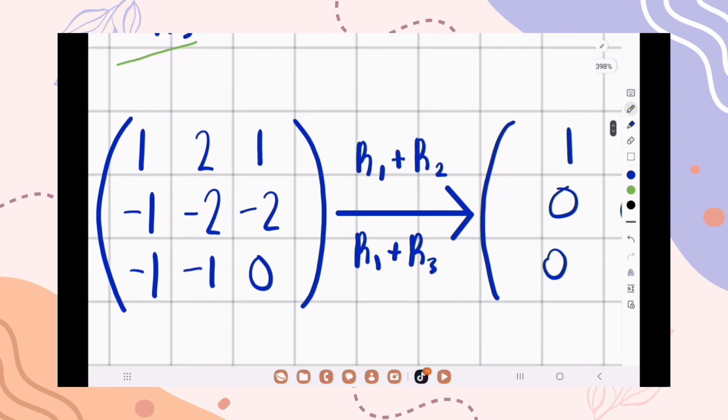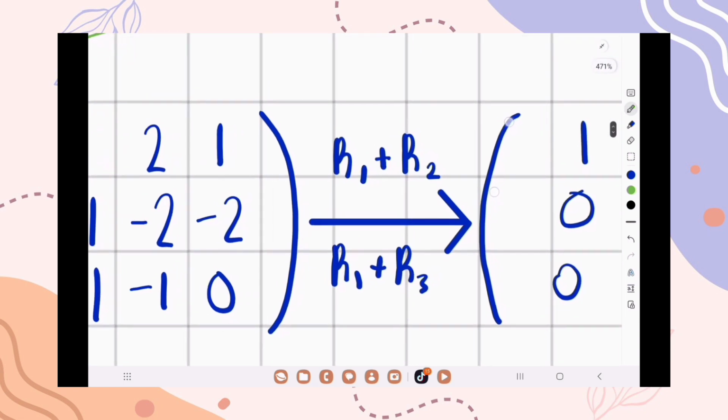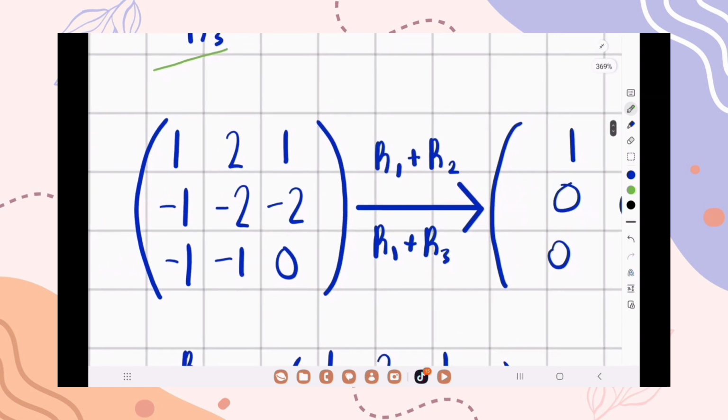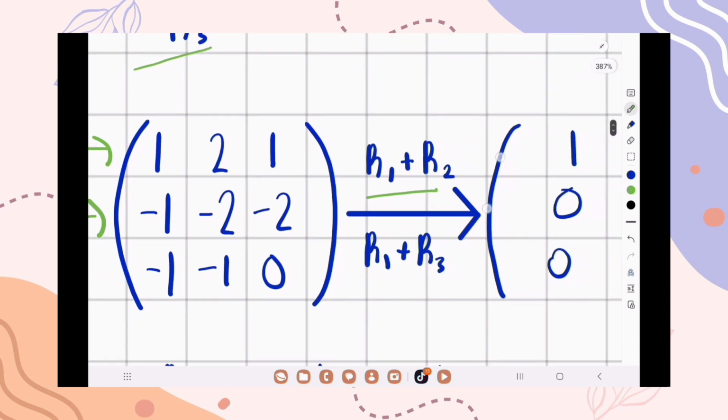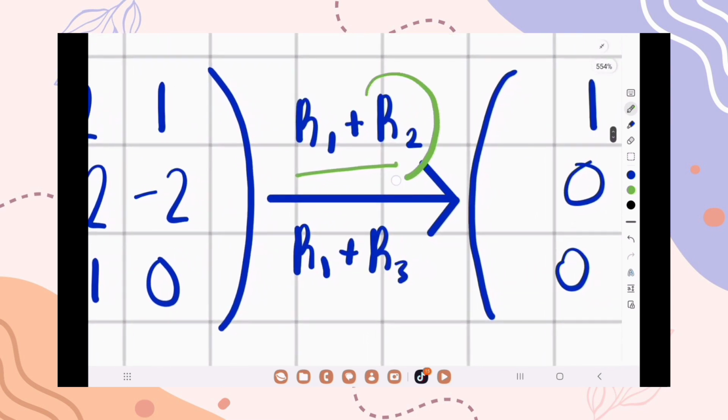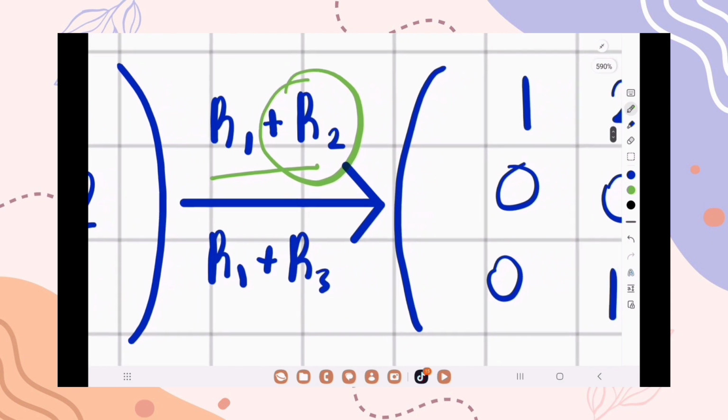To complete the first order, which is R1 plus R2, we need to take a look at the first row and second row. How to get the numbers? We need to know that R2 will change.